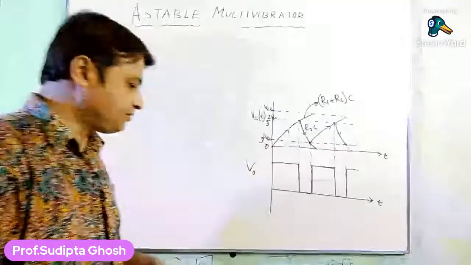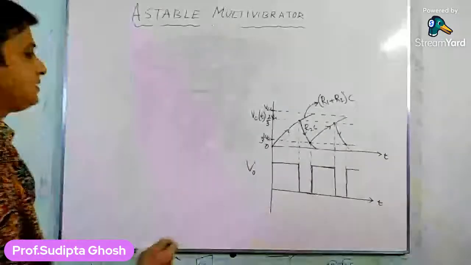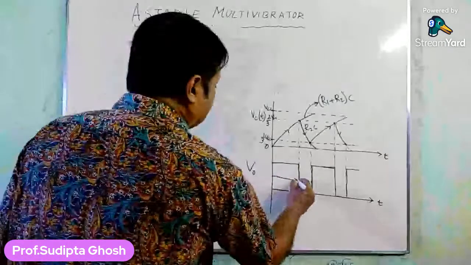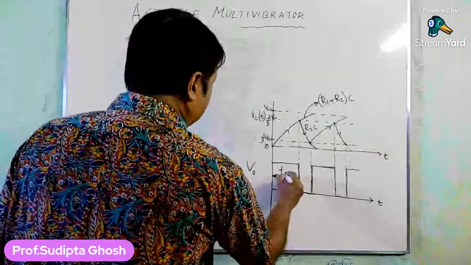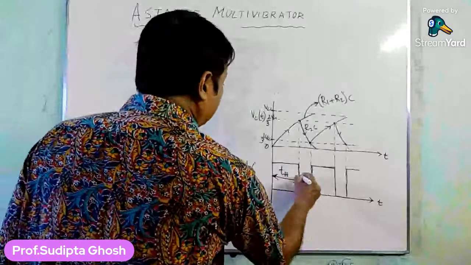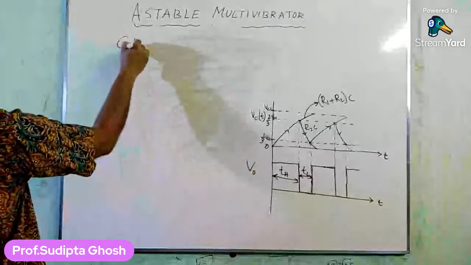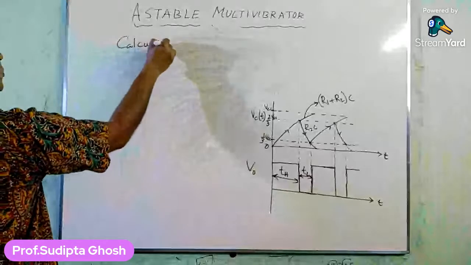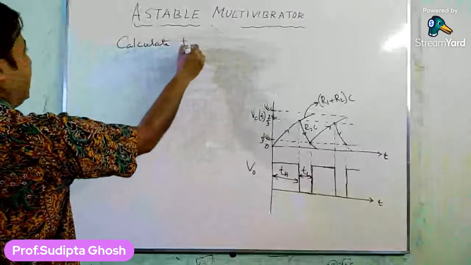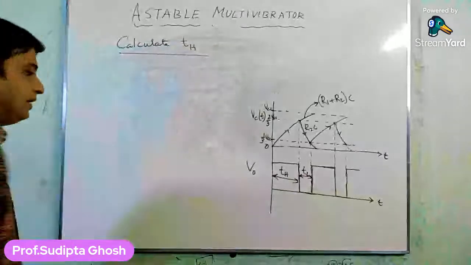So let's first calculate the value of the high time, let it be TH, and the low time is TL. So first calculate TH, the high time period.